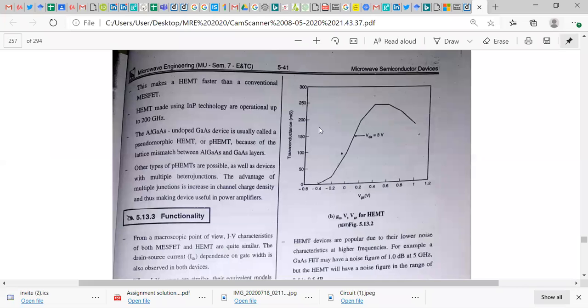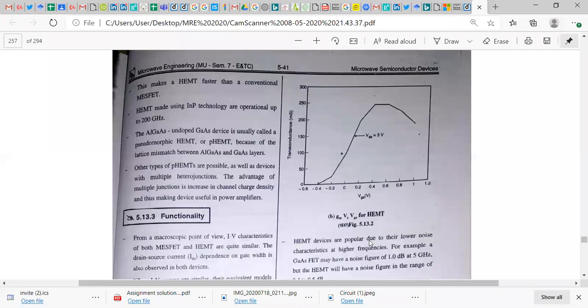This is the curve of transconductance versus VGS. This VGS is generally kept negative, -0.6, -0.4, -0.2, and it increases beyond 0, to 0.2, 0.4, 0.6.